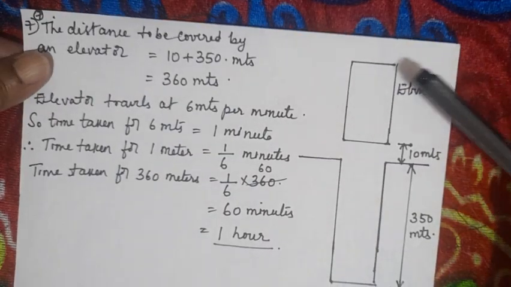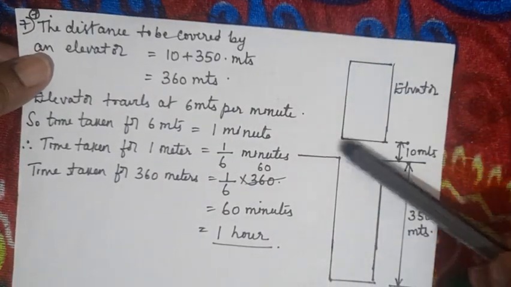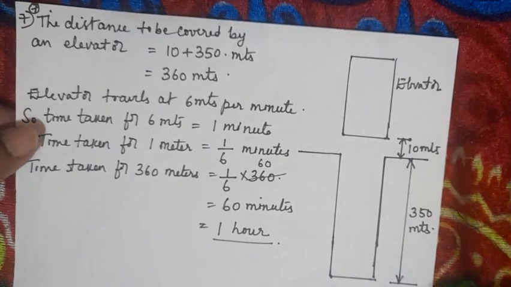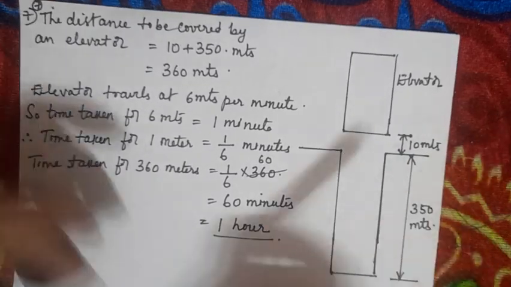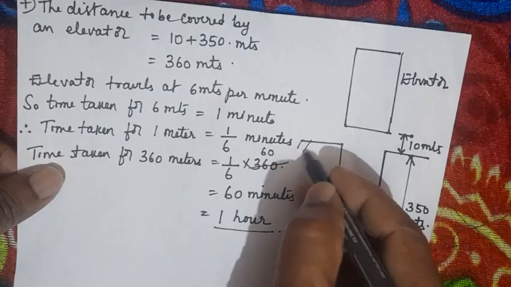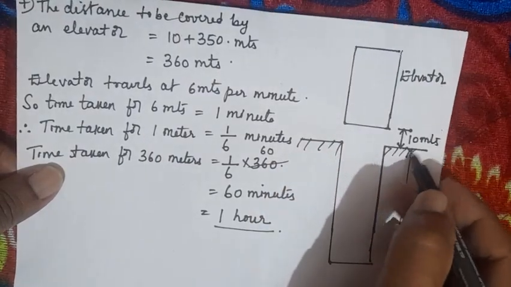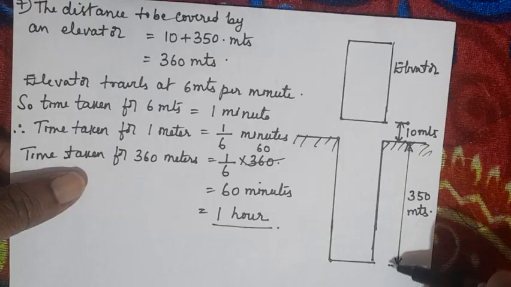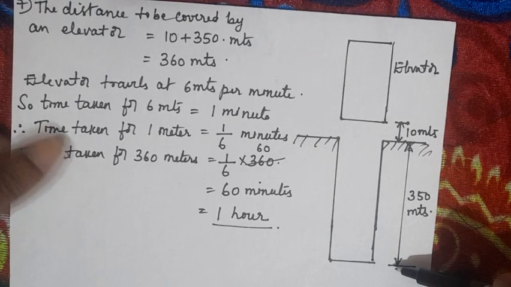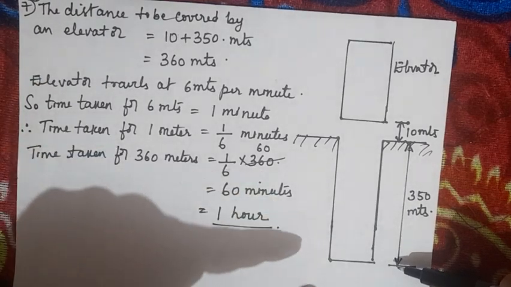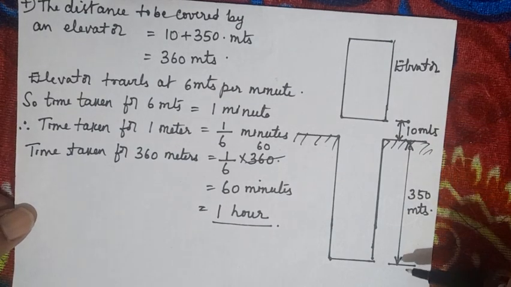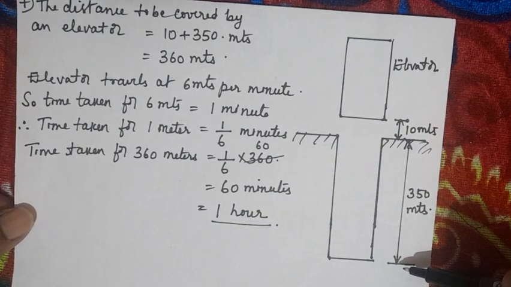Let's assume this is an elevator and this is a mine shaft. This is ground level. From here it is 350 meters. It has to travel 350 meters. You have to find the time taken to travel from ground level to 350 meters.